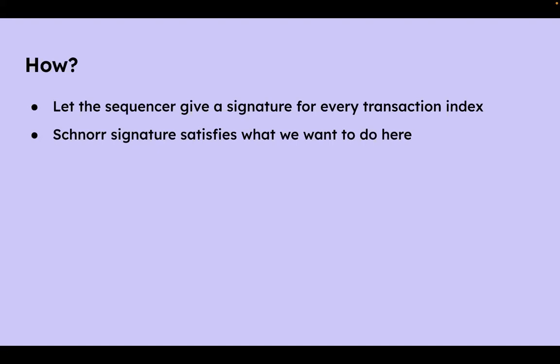And the reason why we are using Schnorr signature is that it fits pretty well for multi-party computation, the basic multi-party computation between the user and the sequencer. So they can complete a transaction signature together. And after that, they manage their signatures on their own data layer.